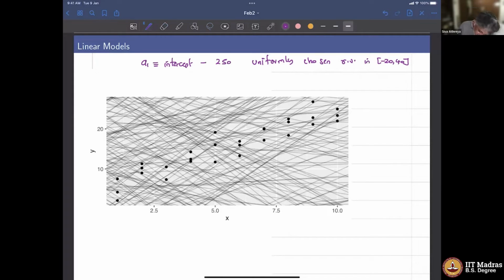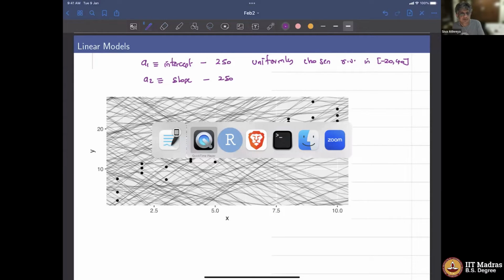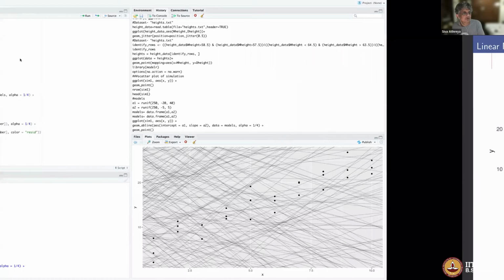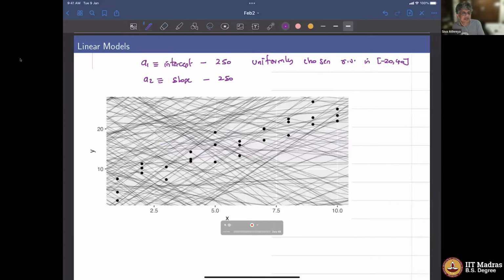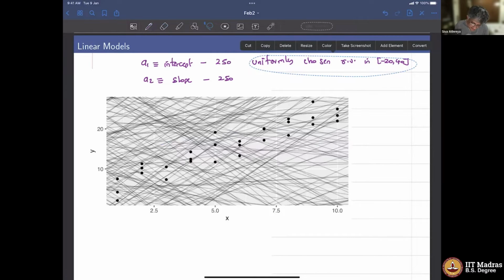And what is the slope I did? A2 is the slope. Again I took 250. Let me see what I took. I took between -5 and 5. So let me just copy this down: A2, the slope, I chose in -5 and 5.